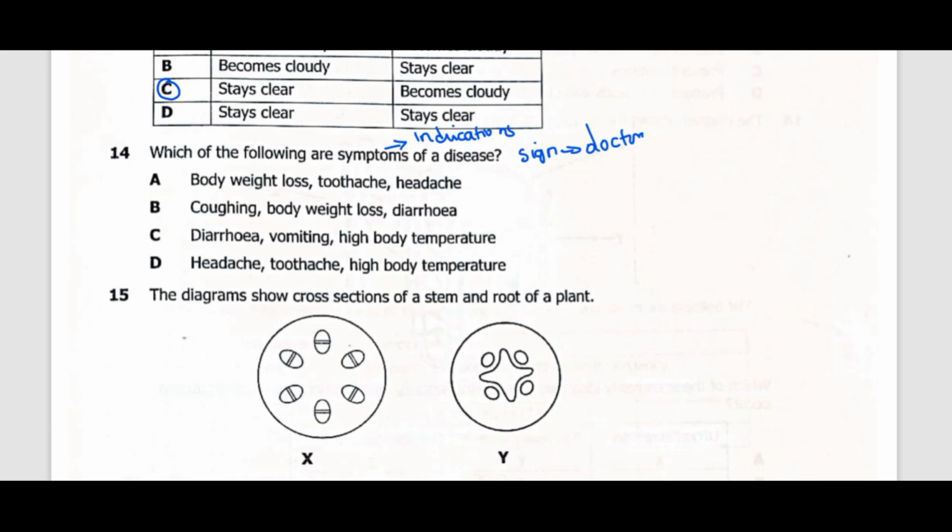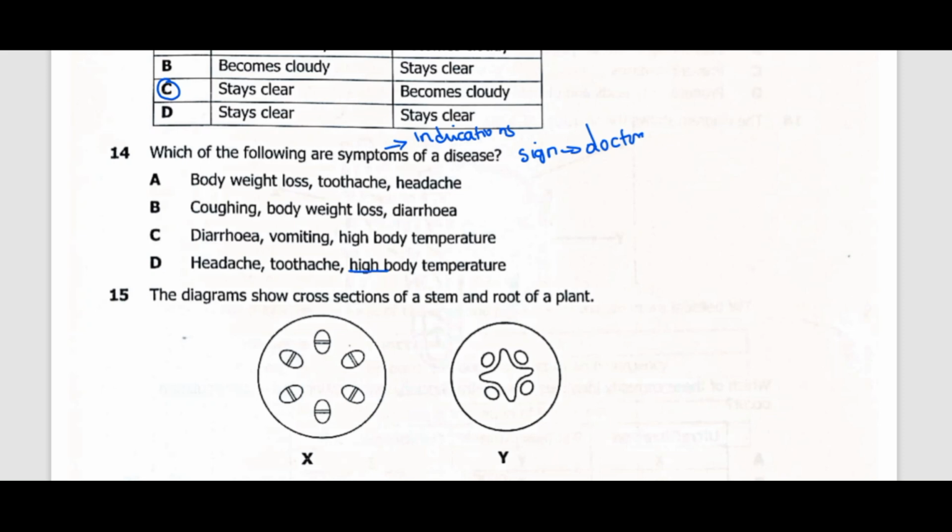So now let's look at option A. Body weight loss is a sign, because we are able to see that someone has lost weight. Then if we look at B, coughing is an indication, and body weight loss again. Then C, diarrhea is an indication, vomiting is an indication, temperature can be measured. Then for D, headache is a symptom, toothache is a symptom, high body temperature is a sign.